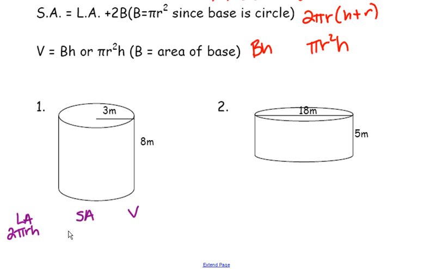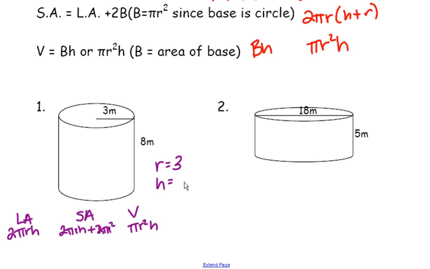This is 2 pi rh plus 2 pi r squared. And this is pi r squared h. So there's even fewer things that we need to know. So actually, cylinders are easier than prisms because all you need to know is what r is and what h is. And then you know everything from your formula.